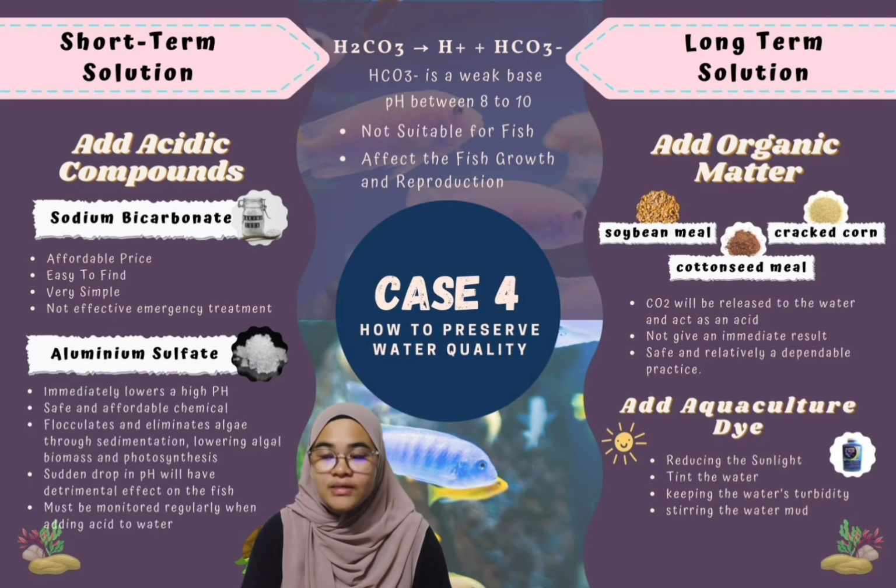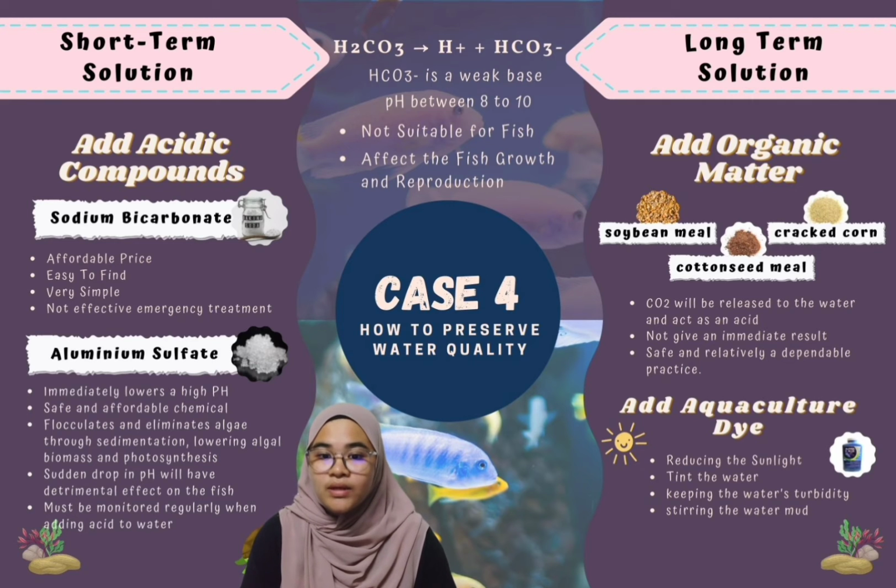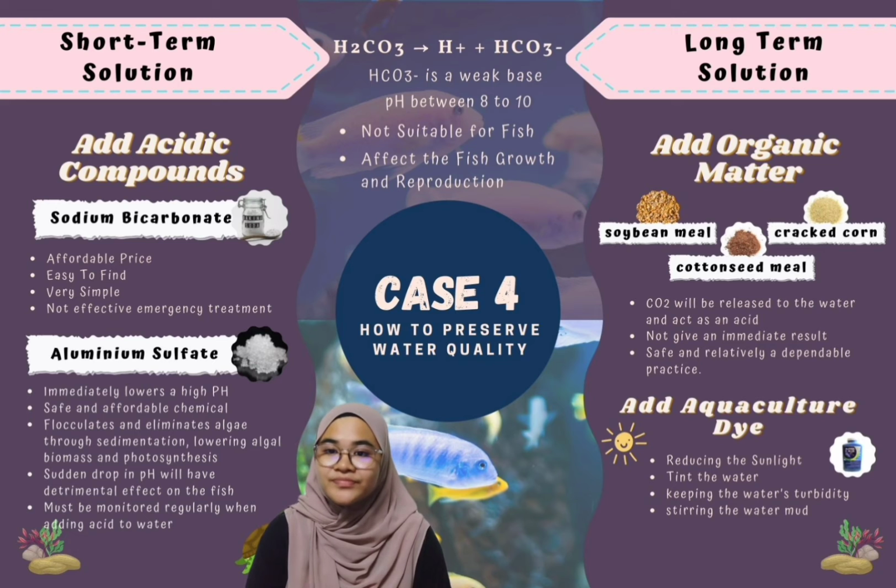Since alum has a temporary impact, it may be necessary to apply it many more times until plant and algae growth is minimized. The caveat when adding acid to the water is that a sudden drop in pH will have a detrimental effect on fish. Therefore, the pH of the water must always be monitored regularly after adding acid to the water.